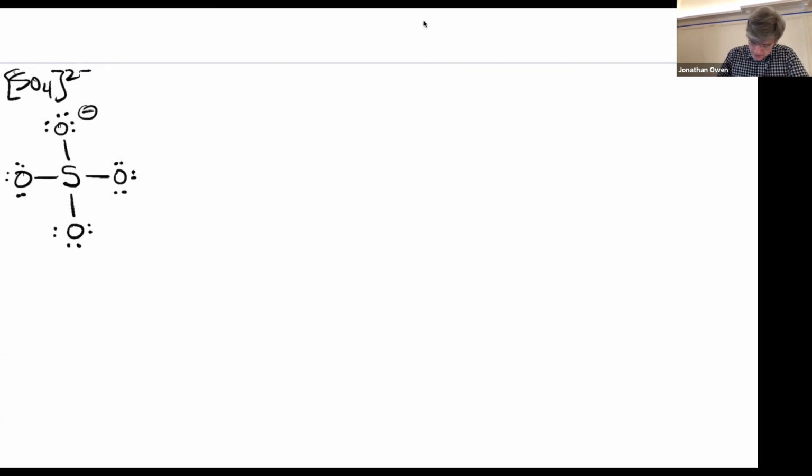Write a minus, and all of these are going to get minuses. Now sulfur started off with 6 electrons, and now it has 8 electrons in its valence shell in making those bonds. And 2 of those electrons actually ended up out on the oxygens, and this molecule overall has a 2- charge, right?